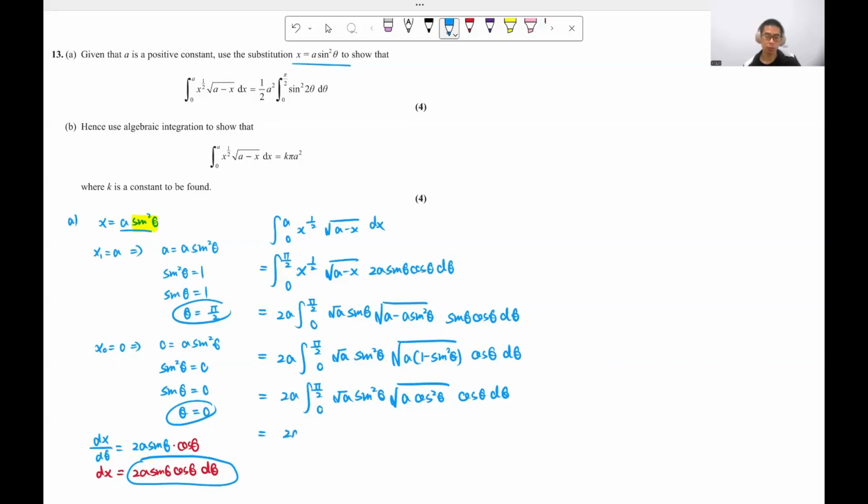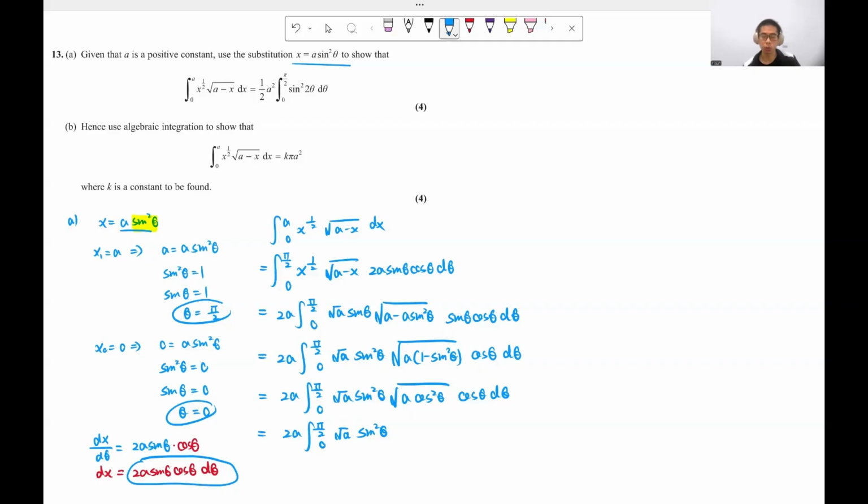So that will be 2a, integral from 0 to π/2, and then root a sin²θ, and then the square root of a cos²θ.